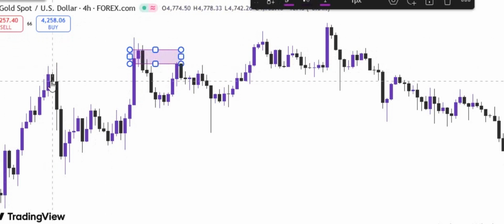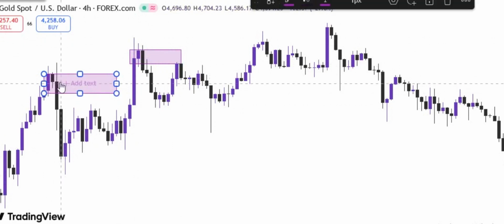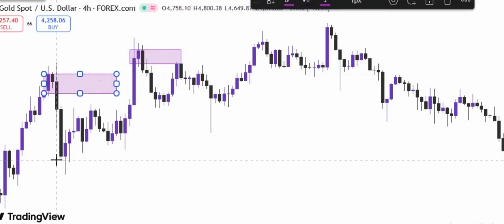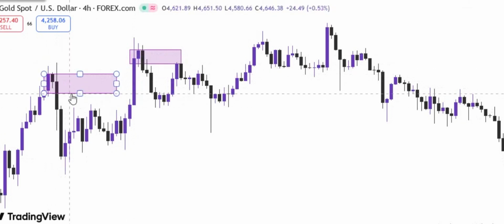Number 1 filter is what I'm looking for in this kind of order block. An order block is basically the last candle before a bullish or bearish move. So this is also another block. If you go by the basic definition, this is another block, this bullish candle for this bearish move. Same thing goes for this.